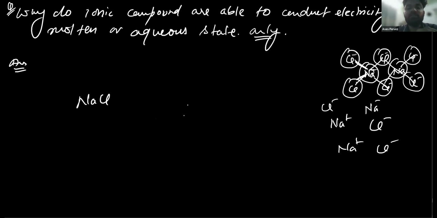So in simple words, we can say that ionic compounds are able to conduct electricity in aqueous or molten state. Why are they able to conduct electricity? Tell me. You can write it.